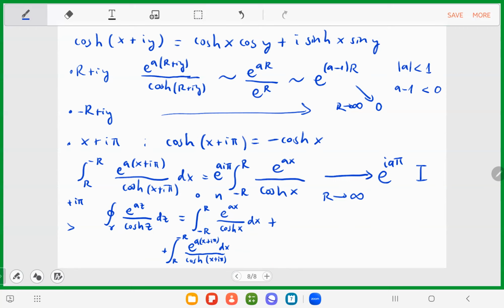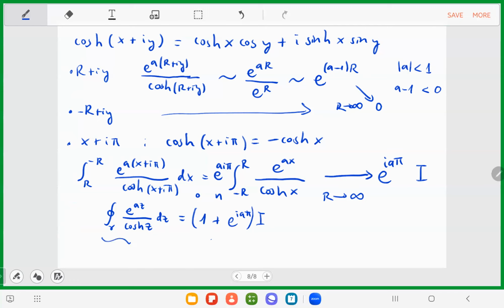This other one is I when r goes to infinity. And when r goes to infinity, this other integral is the exponential of this times I. Okay. In other words, we have 1 plus this number times I. So that's what we needed to do: find this integral and divide by this number. Okay, let's do it quickly.